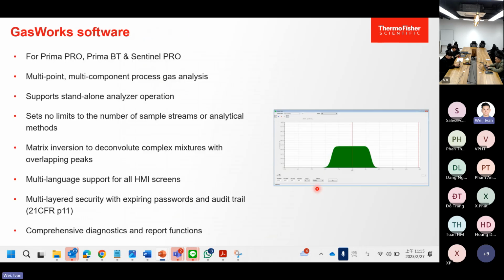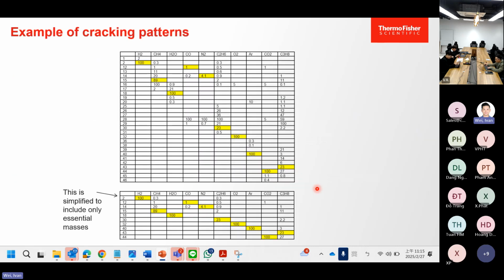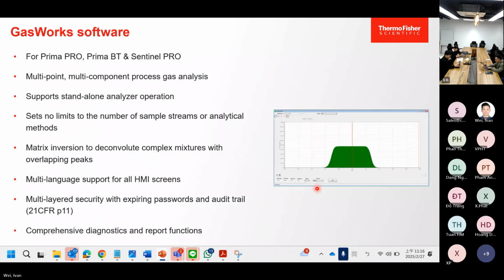Of course, this raises a concern in your mind: how are we able to do this really quickly? And how do we know which compound is the CO, which is the N2, and which is the carbon dioxide?